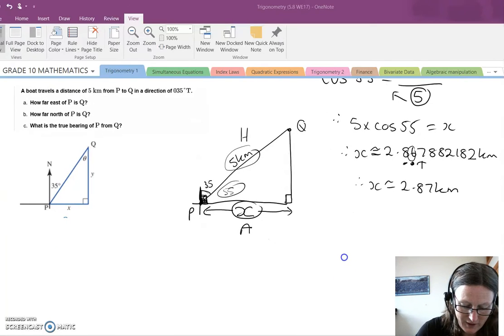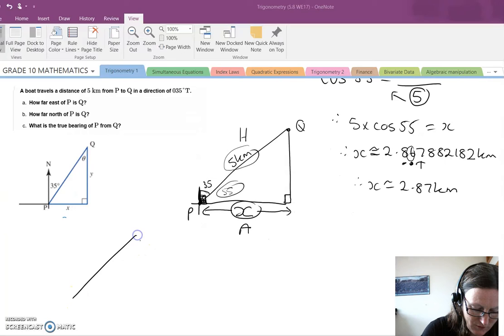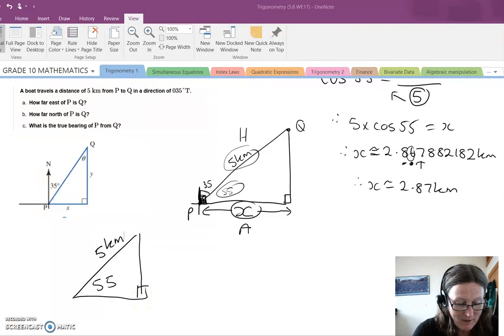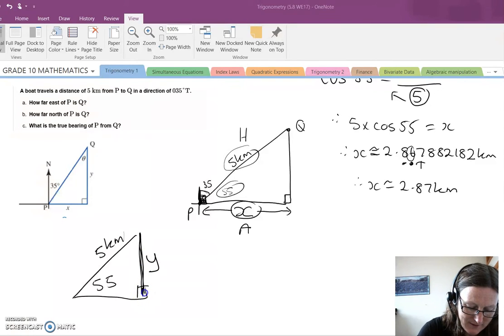Now, let's look at our triangle again. So here's our triangle. Remember that was 55, that was 5 kilometres, and the second part said how far north of P is Q. So in other words, it wants this distance here, because this was P and this was Q, and it wants to know how far in a northerly direction it has moved up.